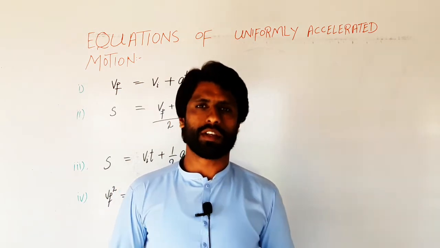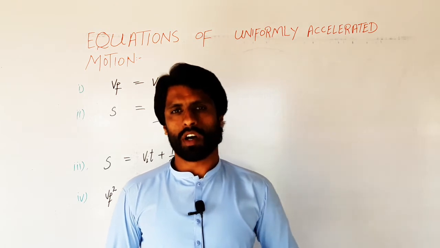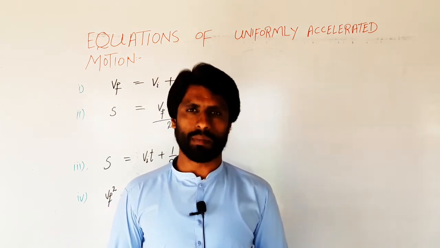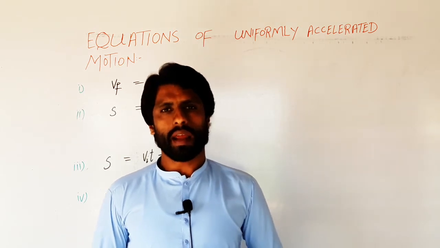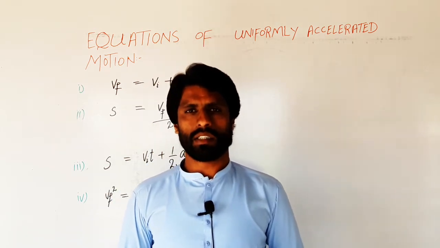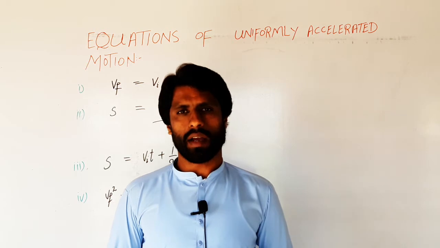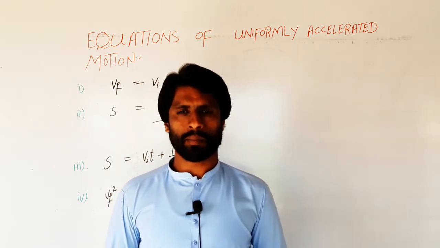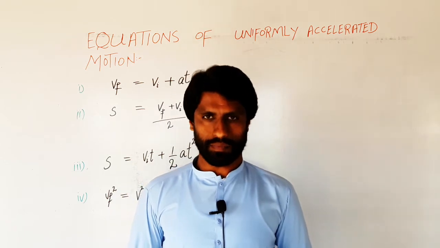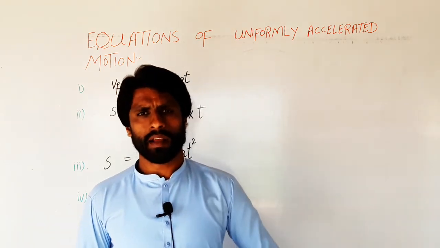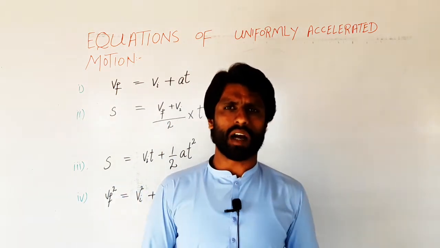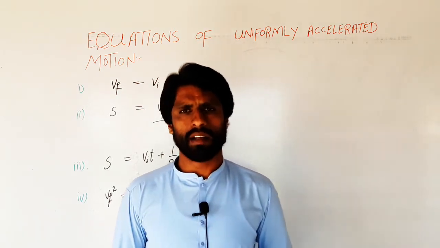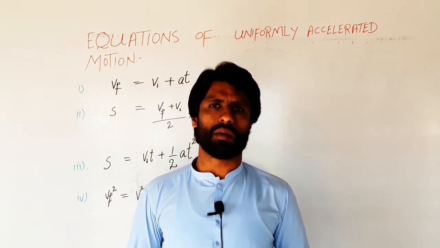Today our topic is equation of uniformly accelerated motion. When an object is moving with uniform acceleration, it depends on different conditions like initial velocity, final velocity, and time. Similarly, these conditions affect the acceleration of an object as well as the distance covered by an object.